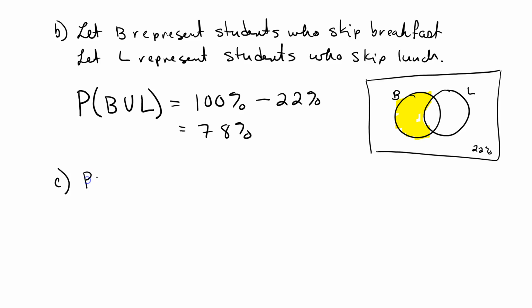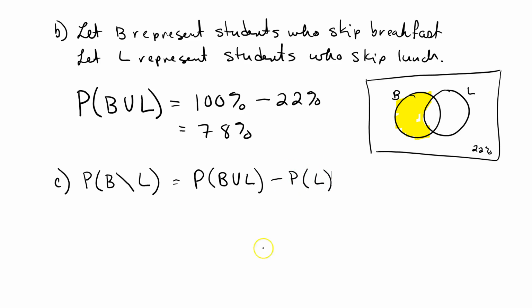So we're going to say the probability of B without L, or B not L, so remember this from Unit 3, is the probability of B union L minus the probability of L. So all the people who skip lunch and breakfast, either one of them, or both maybe, minus the probability of people who skip lunch.